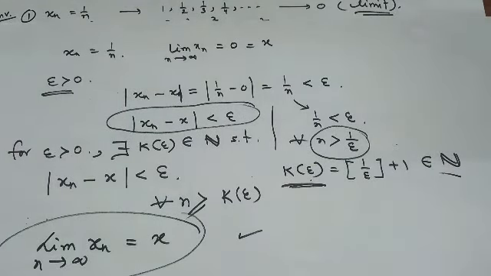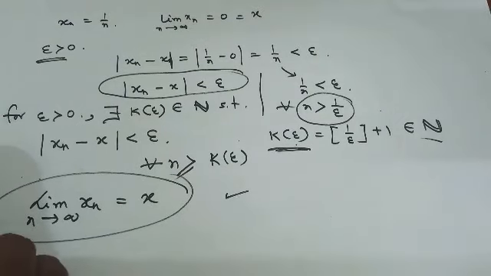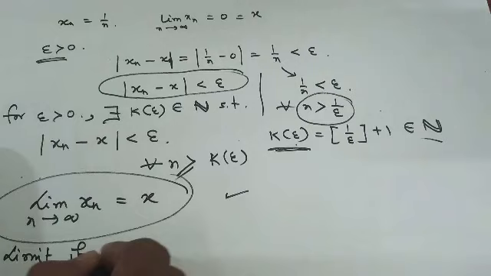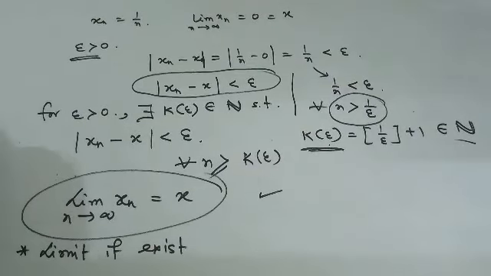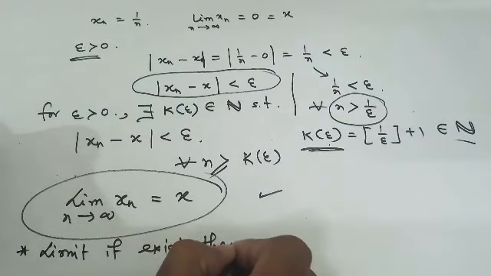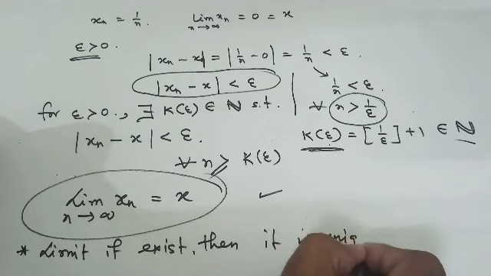So this is just an introductory example, and you have some very important properties, and one of them is: the limit, if it exists, for a particular sequence, then it is unique.